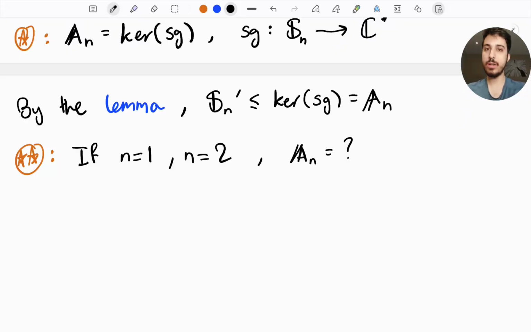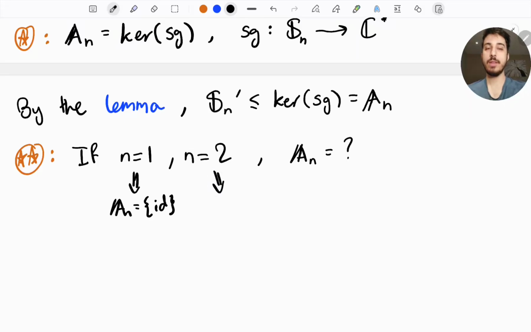If n is equal to 1, then we only have the identity. So An here is the identity, clearly, because we only have one element. So there is only one possible permutation for one element, and the identity is an even permutation.